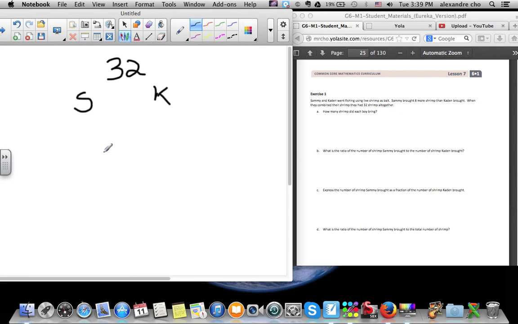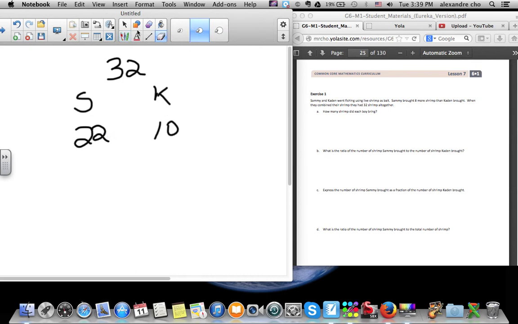So let's do, I don't know, 22 and 10. Let's say Sammy brought 22 and Caden brought 10. Will that work? Well, 22 minus 10 is 12. That's not the difference. The difference has to be 8. Sammy brought 8 more. Okay, so let's try another one.